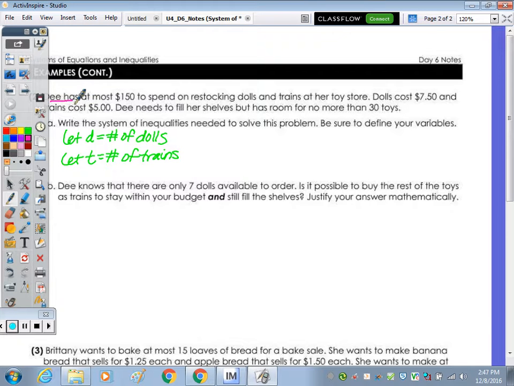So based on the fact that she has at most 150 to spend, and dolls cost $7.50 and trains cost $5, that inequality would be 7.50D plus 5.00T is at most, meaning less than or equal to, 150. And then what's the other?